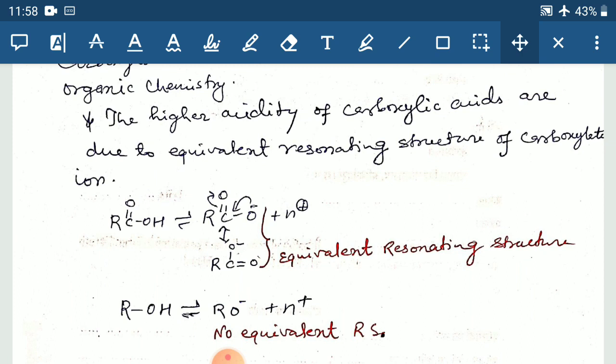As we know, in alcohol also hydrogen is connected to oxygen, but they are not as acidic as carboxylic acid. The difference is due to their intermediate.